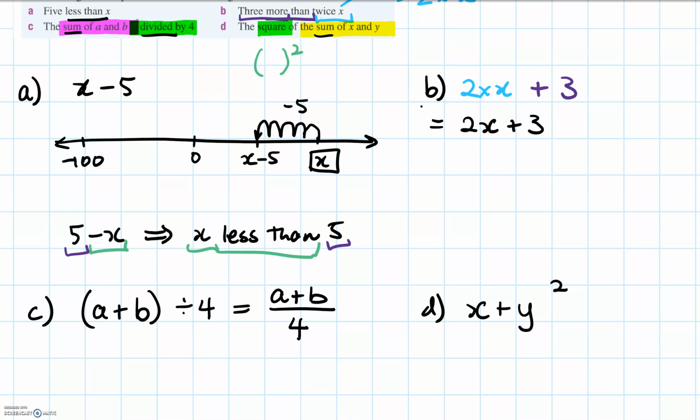Well, no. Is it applying it just to the y? No, not that either. Here, what you notice is it's the square of the sum of x and y. So I need to apply it to both of them. And how I do that is I write both of them inside a bracket. I put that square symbol. So what that's telling me is I'm squaring the whole thing. I'm squaring x plus y here.